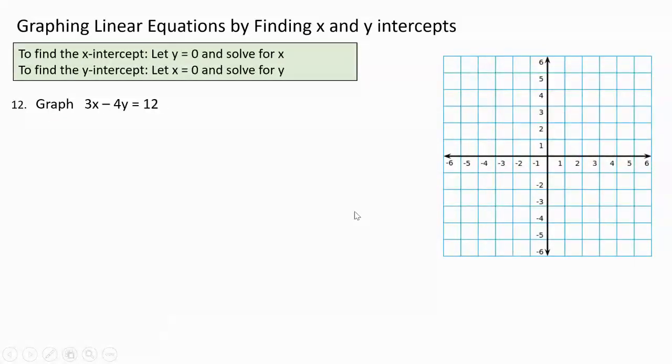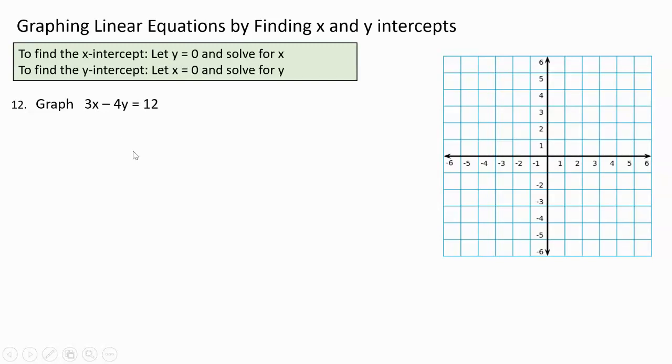Now, when I explain this method to my students, I tell them that we don't have to do all that work. I came up with this thing that I call the cover. I just made it up because really we cover the whole x to find the y-intercept, and we cover the y to find the x-intercept, and now we can do this in our head.